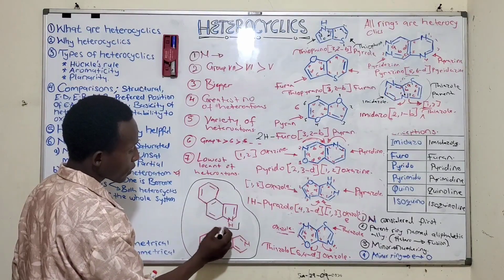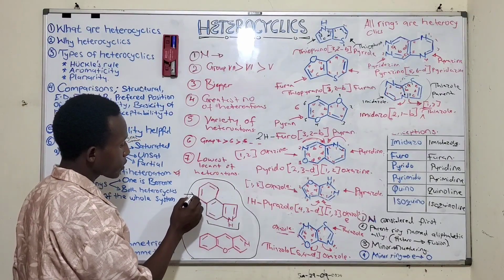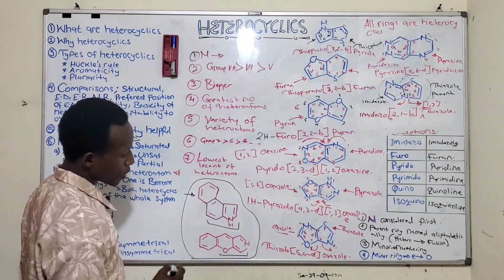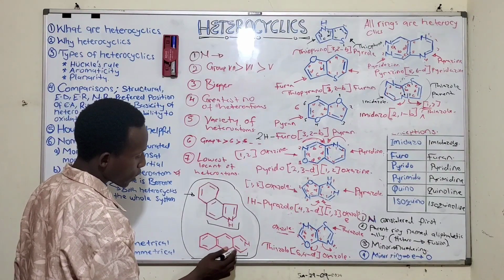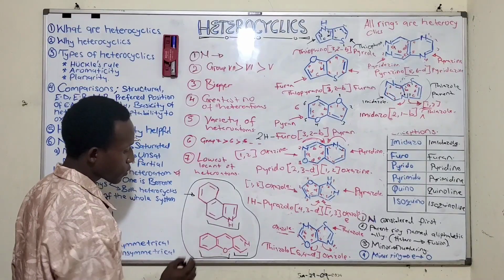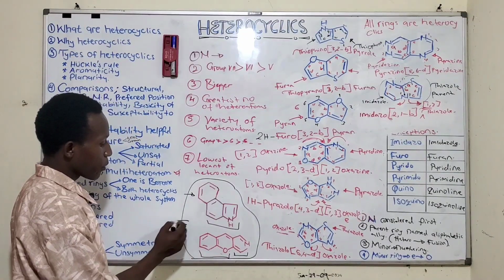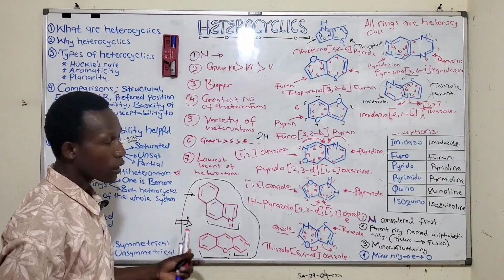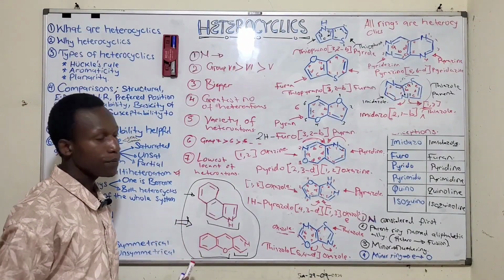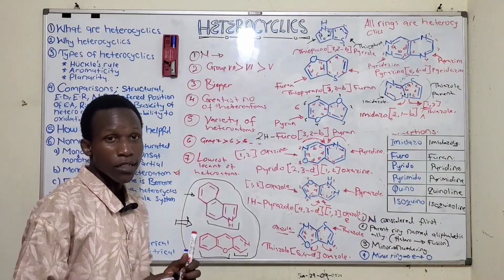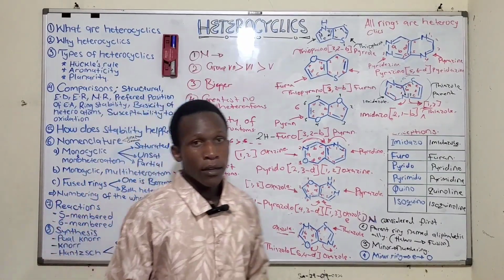You can consider this as one ring, then this as a benzene ring. Also, this one as one ring, then this one as another ring. Though we shall make videos about how to name the tricyclic heterocyclics, you can try them out. Please put the answers in the comment section.